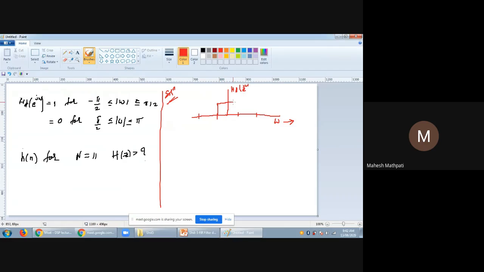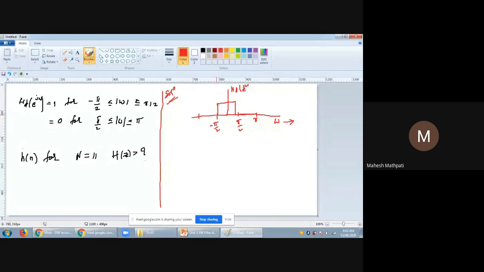Okay? Here from minus pi by 2 to plus pi by 2, it is 1. And again it is 0 from pi by 2 to pi. That means from here to here its value is 0, so up to pi it is 0.